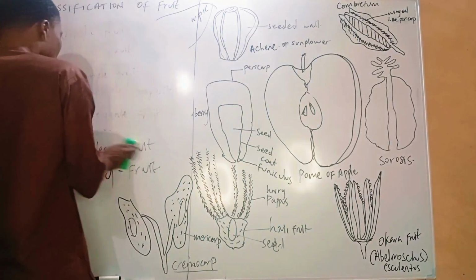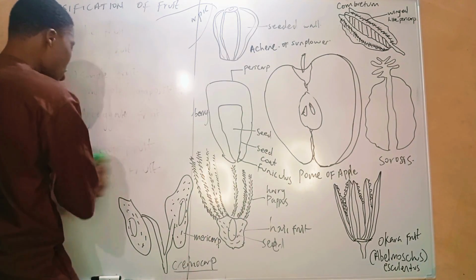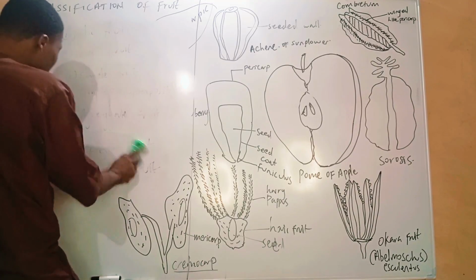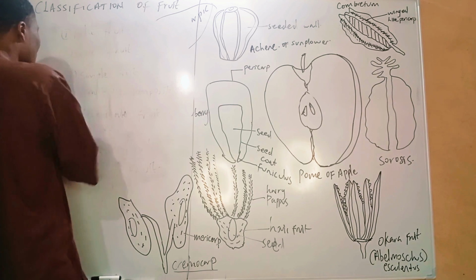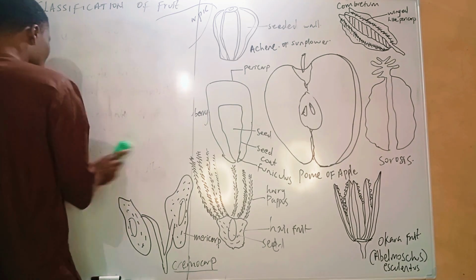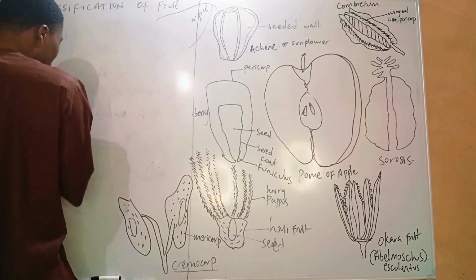Remember, we'll come back to talk about multiple fruits again. I would like to let you see how dry fruit and fleshy fruit work. So I'll kick off with fleshy fruit.